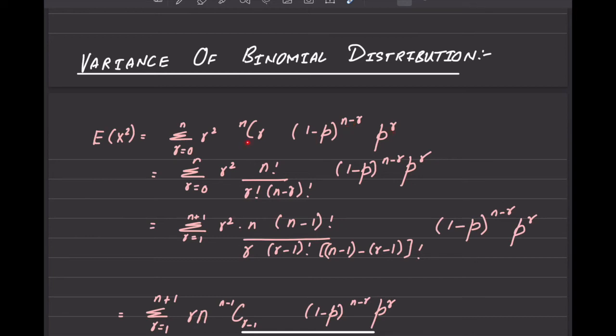I can open nCr as n factorial upon r factorial into n minus r factorial. And then I can write n factorial as n into n minus 1 factorial and r factorial as r into r minus 1 factorial. And I can also rewrite n minus r factorial as n minus 1 minus r minus 1 factorial. If you simplify this, you'd see that this is the same as n minus r factorial.